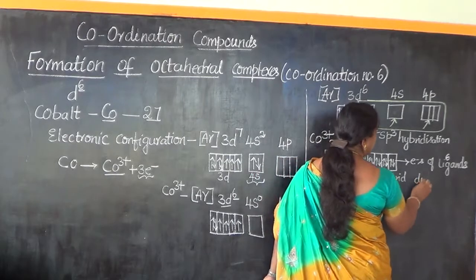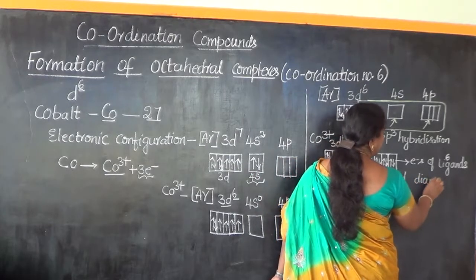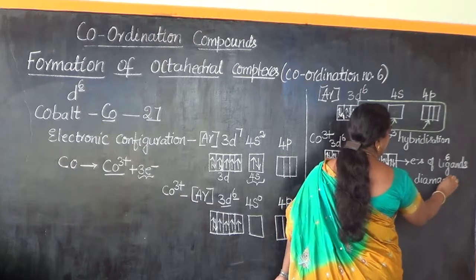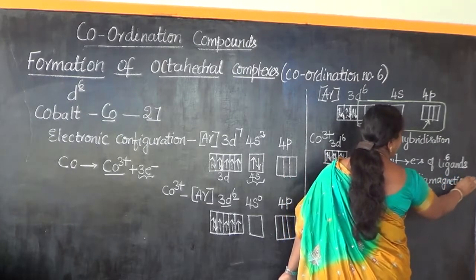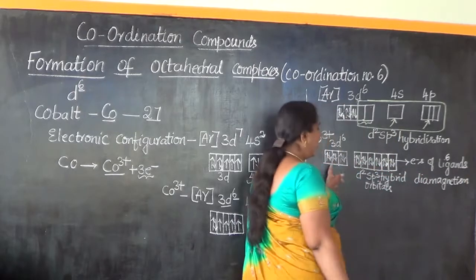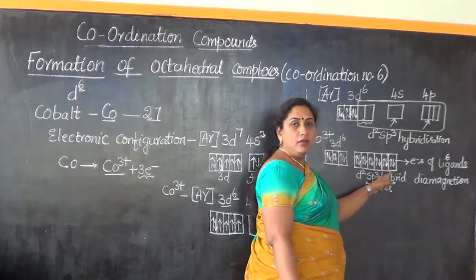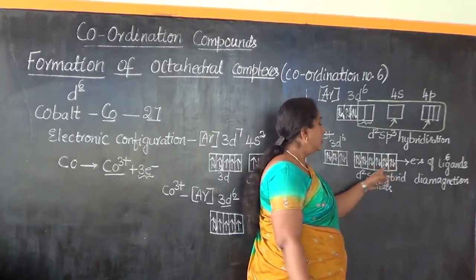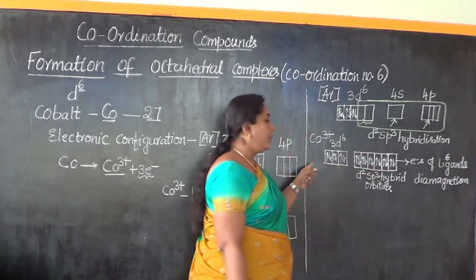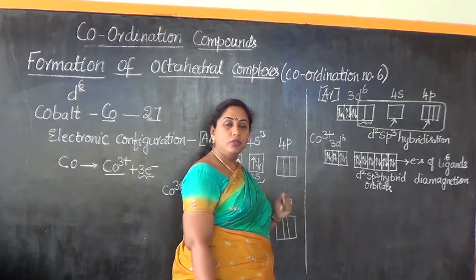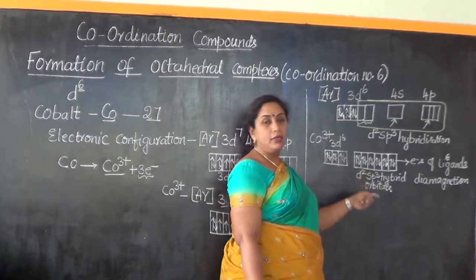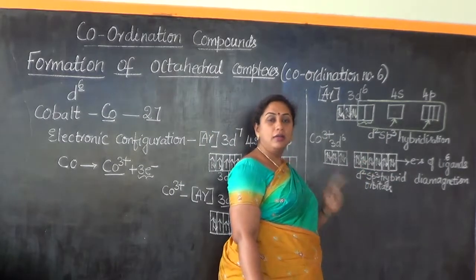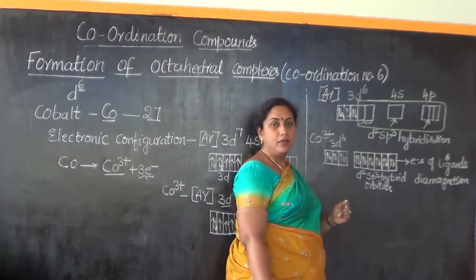Instead, they will exhibit diamagnetic property. So they exhibit diamagnetism, because there are no unpaired electrons here; we find all the orbitals containing paired electrons. Therefore, they exhibit diamagnetic property, or diamagnetism.